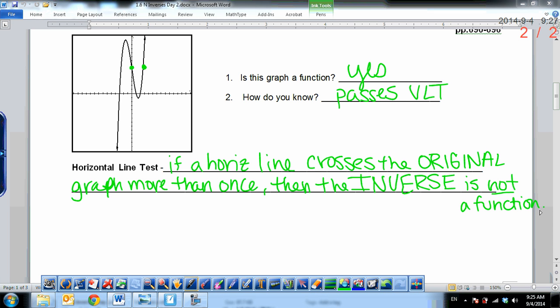Does the horizontal line test tell us anything about the original? No. It only tells us about the inverse.